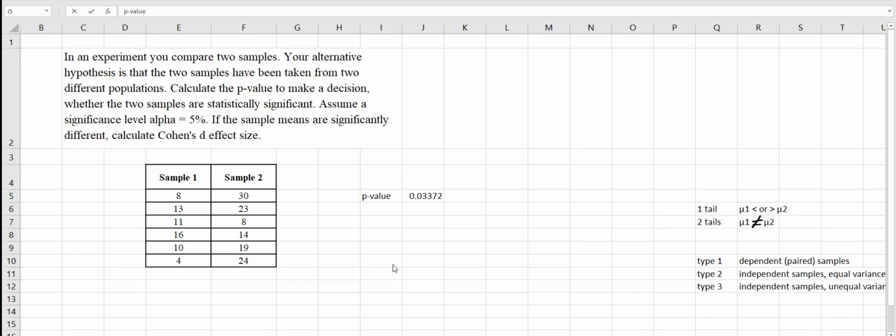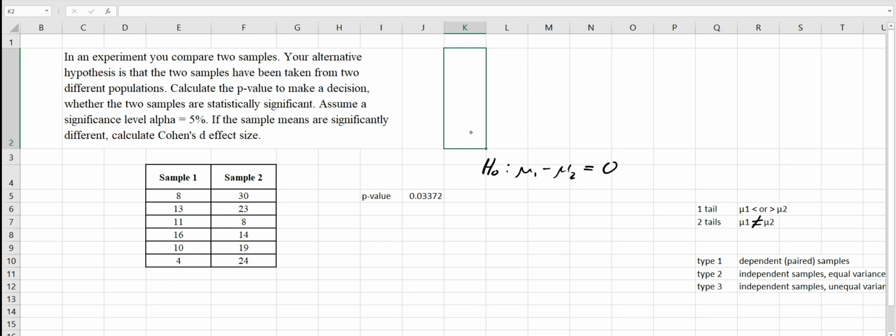We should have probably said in the first place that our null hypothesis would be that for the two populations from which we draw our samples, there is no difference.